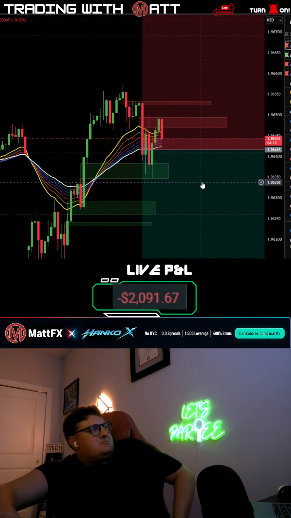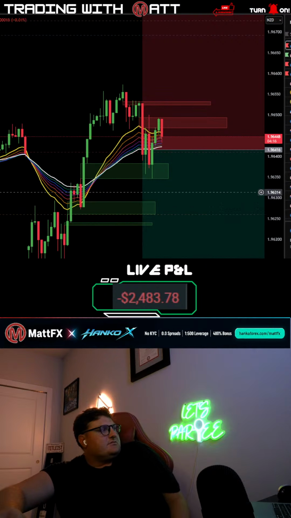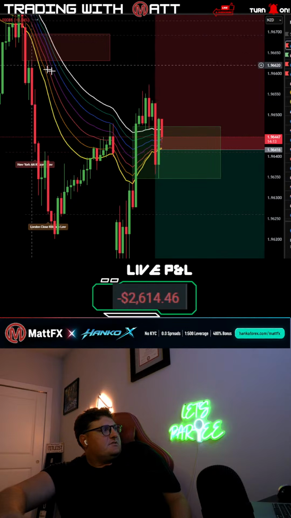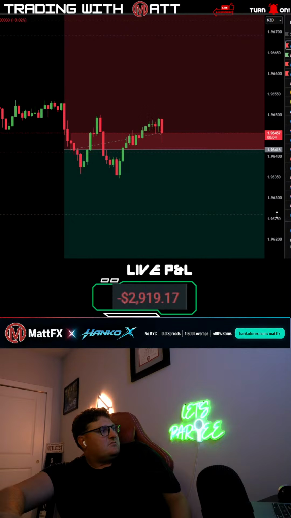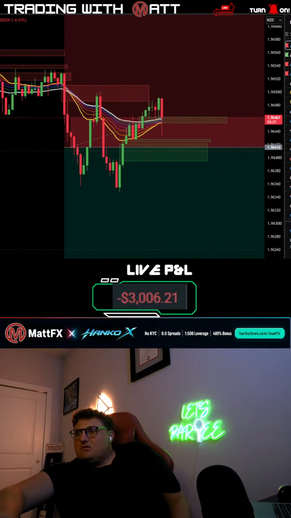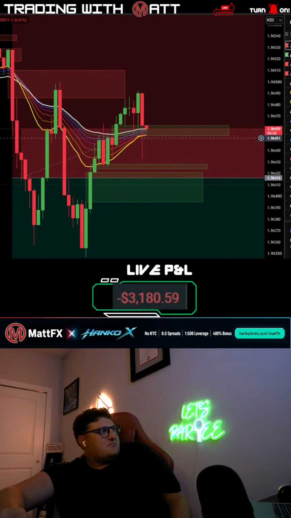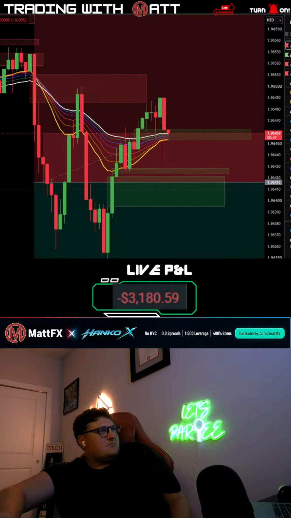Broke the previous low of the previous 5-minute candle there. 15 minutes dropping too. Shaved head though. Yeah, it did. It took that thing out hard and then went right back up. There we go. Keep pushing.